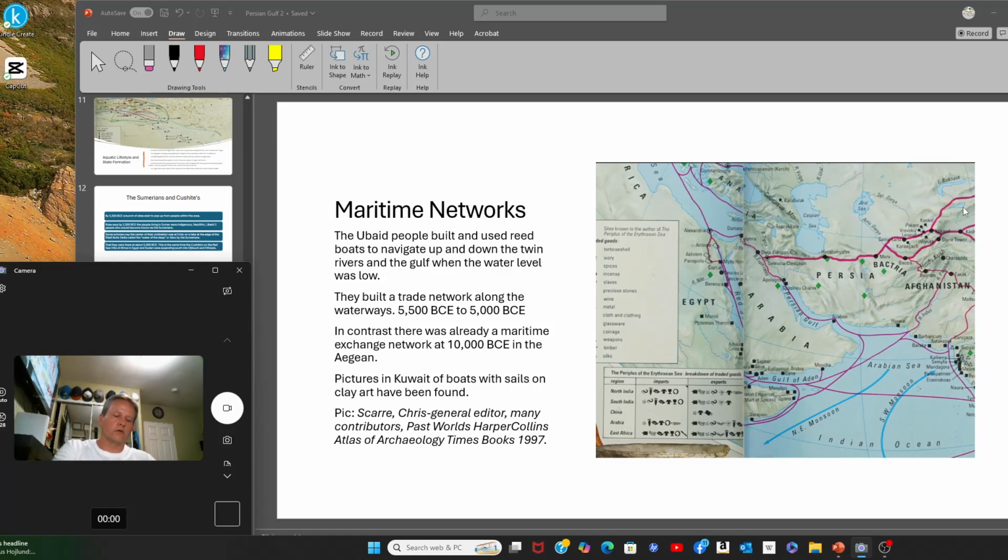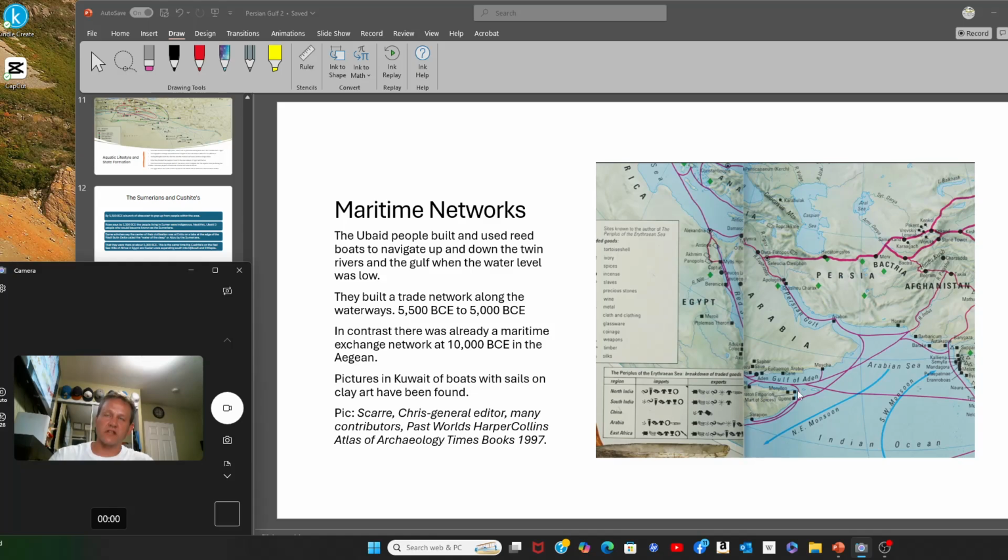So what I'm trying to emphasize here is they had boats at this early time that the Ubaid period is coming into existence, and the Sumerians are coming into existence.